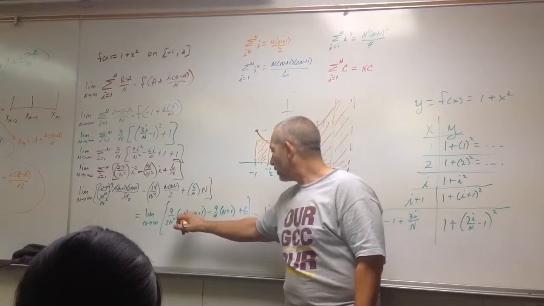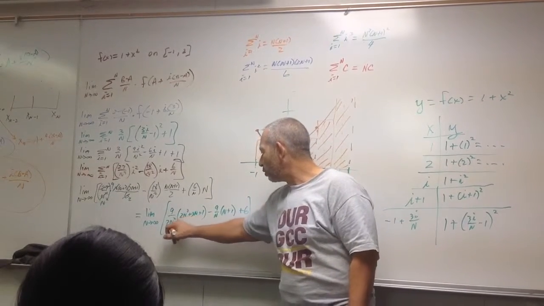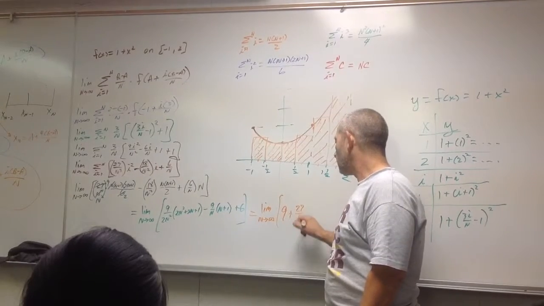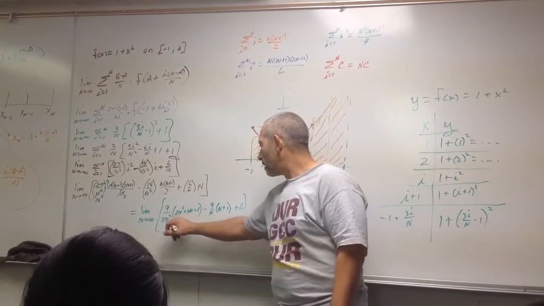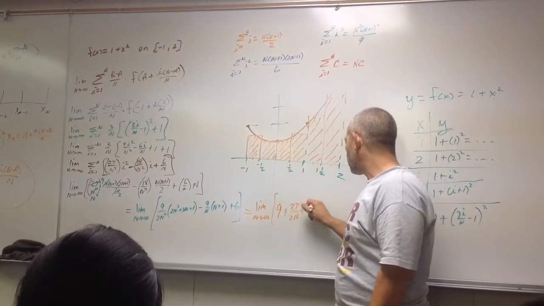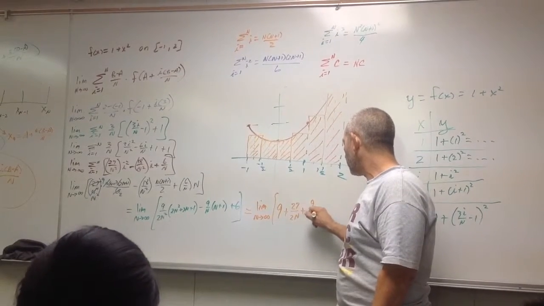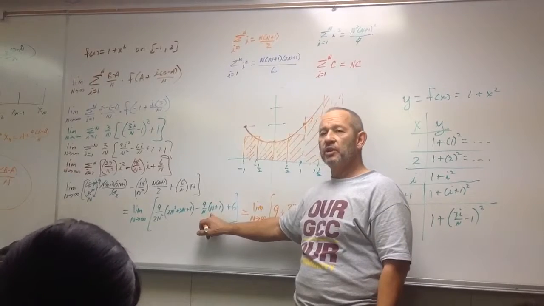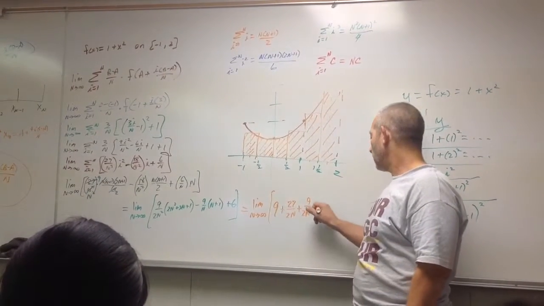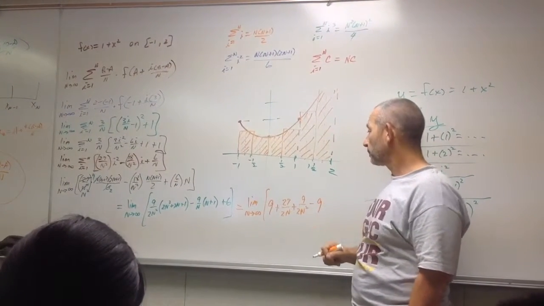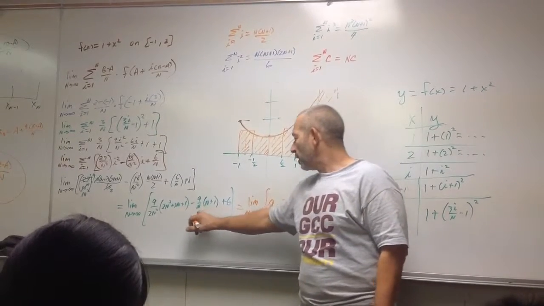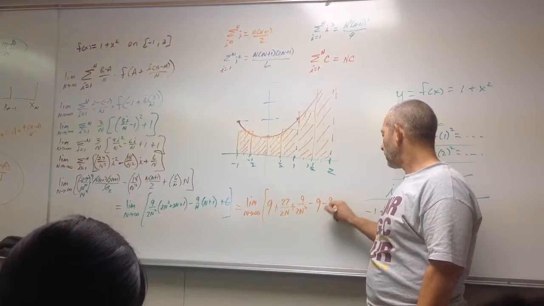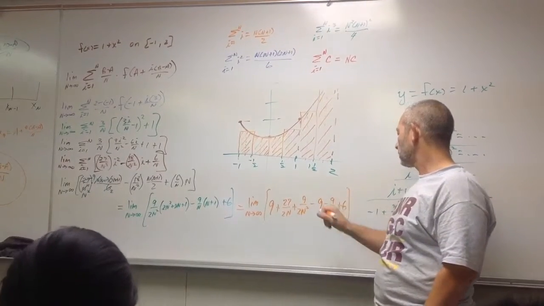Plus, here's 27 over 2n. 1 times this is plus 9 over 2n squared. What's minus 9 over n times n? Minus 9. Right. What's minus 9 over n times 1? And then I've got a plus 6 there.